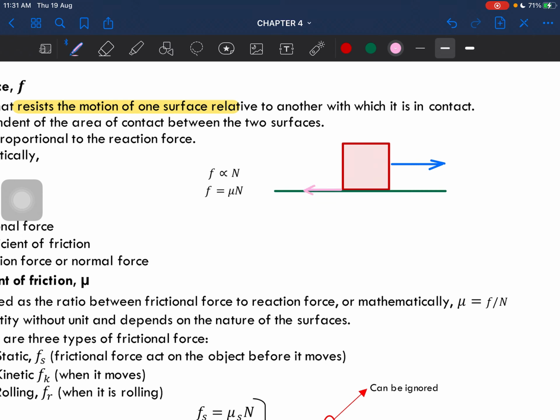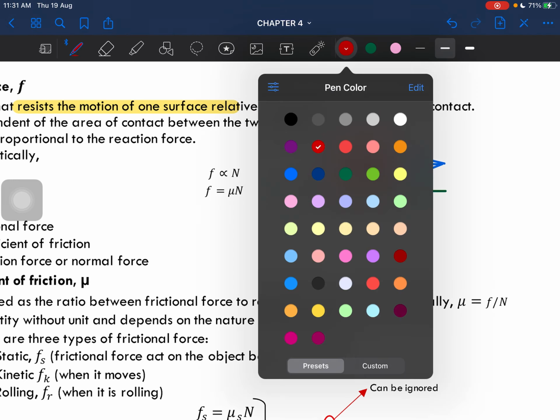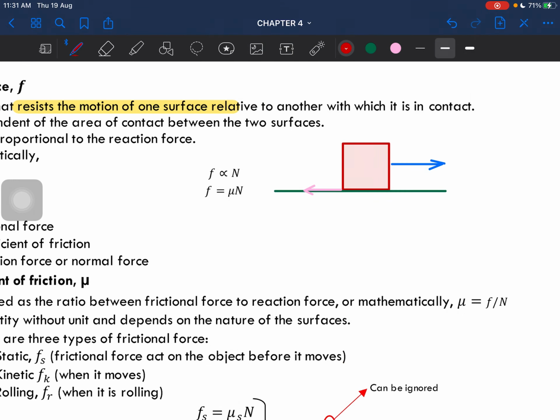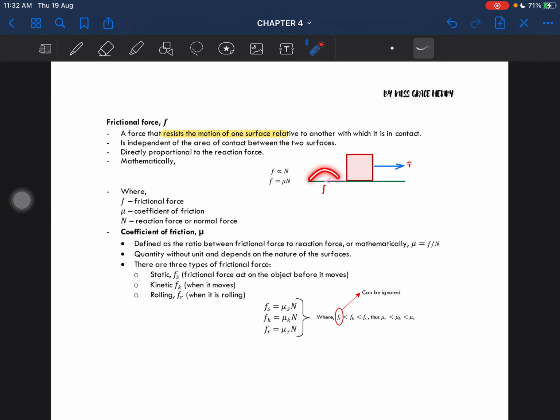This is our frictional force. I would sometimes just write small f like this. And then this is our external force, for example a push or pull. This one is obviously a pull. So that is our frictional force.